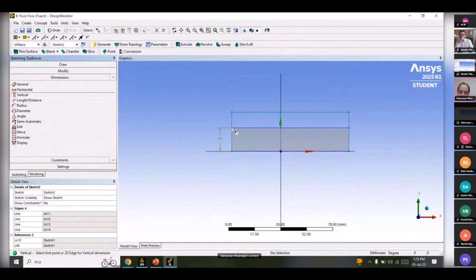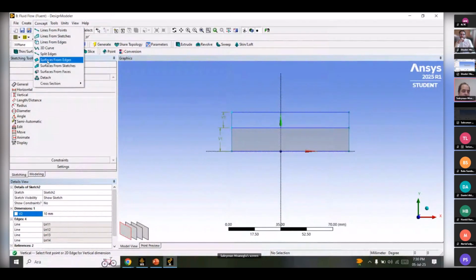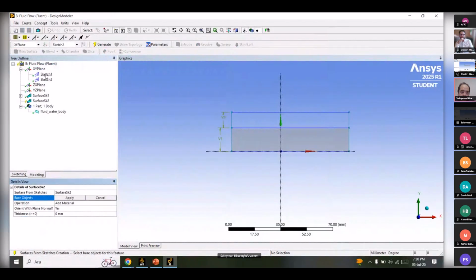Five millimeter phase change material. Okay, we can select 10 millimeter. Okay, 10 millimeter. Anyway, not important. Again, surface from sketch and select sketch 2. Add material, no, we select add frozen. Generate, okay.